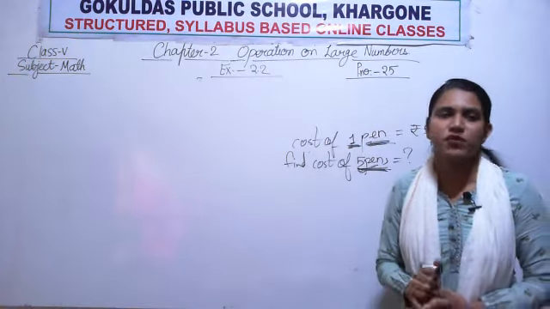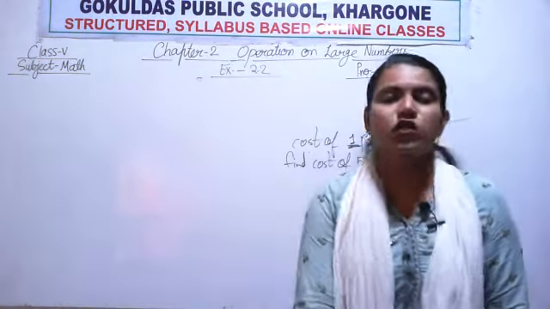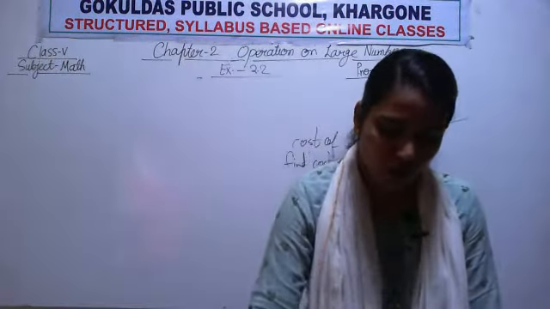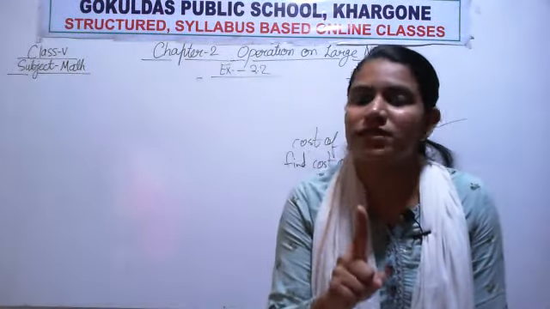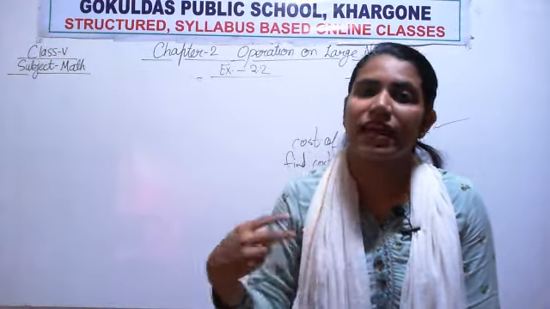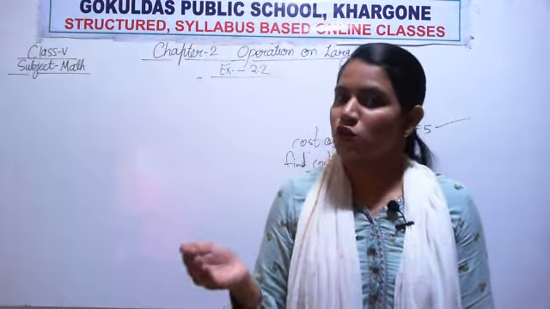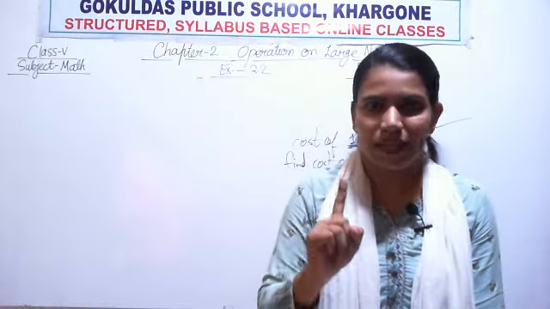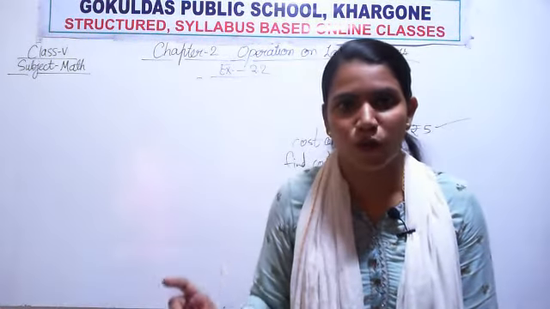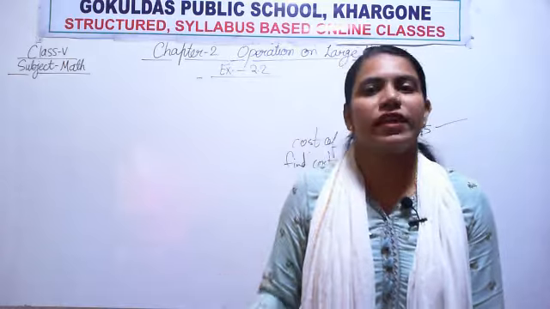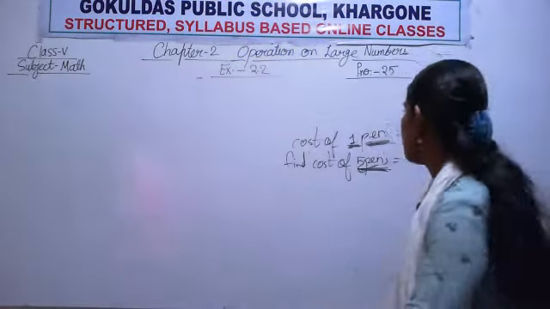In such problems you have to perform multiplication. So in question number 2 also, the cost of one sari is given, and they are asking for how many saris? 134 saris. So the cost of one thing is given and they are asking for more such things. So in that case you have to do multiplication.